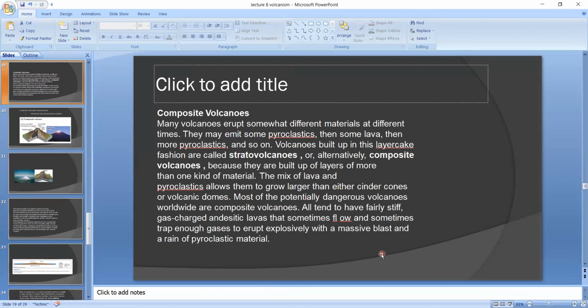The fourth is composite volcanoes, and these are typical volcanoes, and it has two types of eruption. That's why it is called composite or strato volcano. They are built up of layers of more than one kind of material, lava and pyroclastic material.